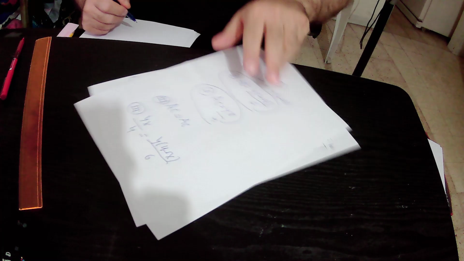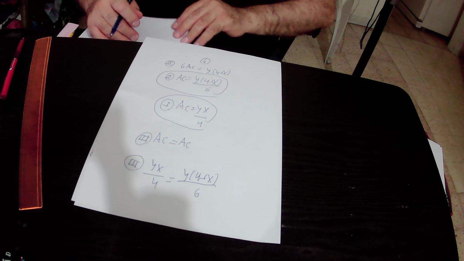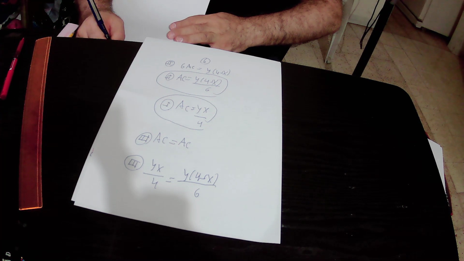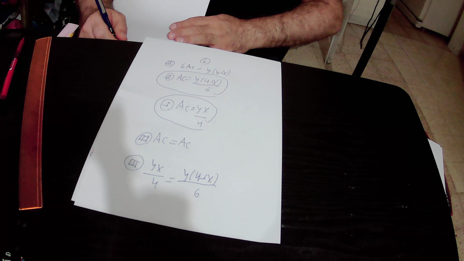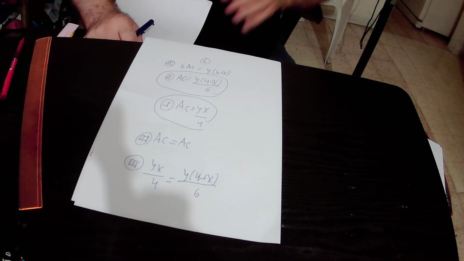So here we can divide this equality by y. Why can we divide this equality by y? Because y is the size of this triangle side, and the size of a triangle side must be a positive number. It can never be 0.